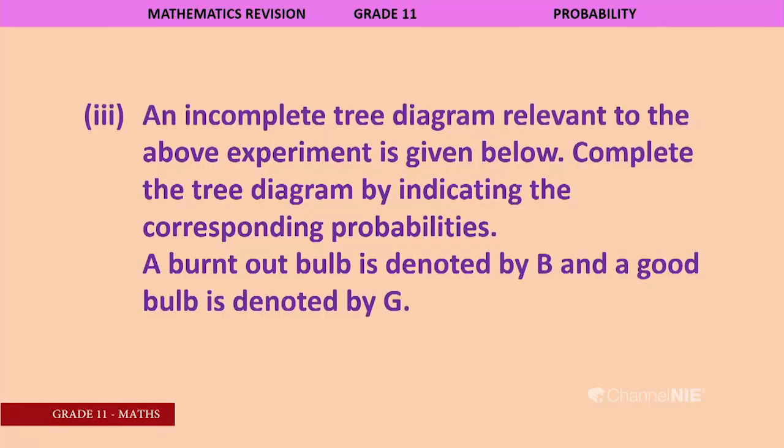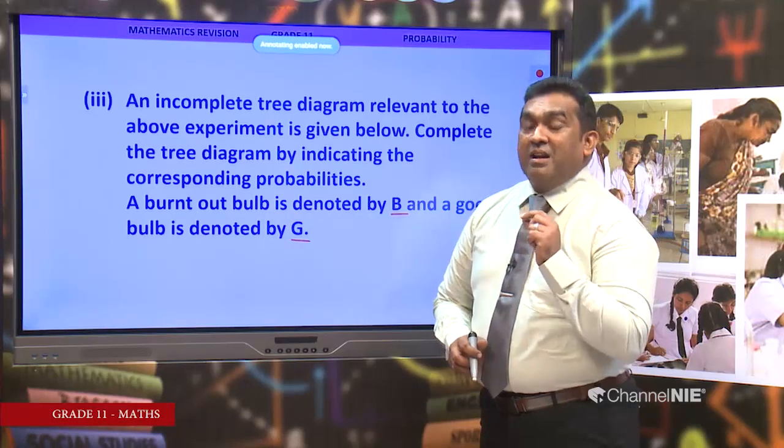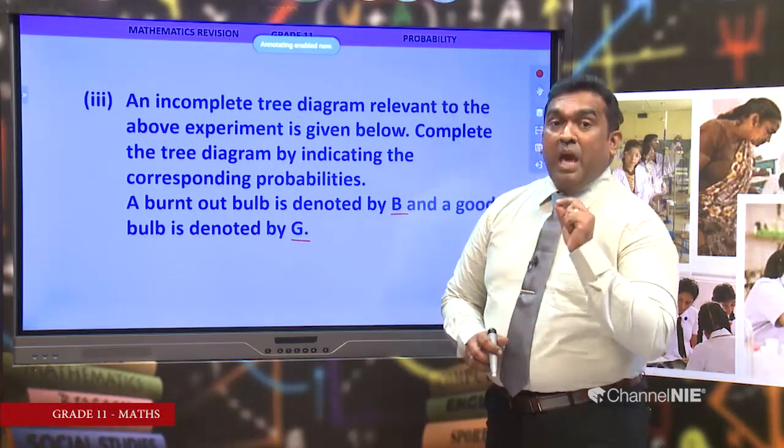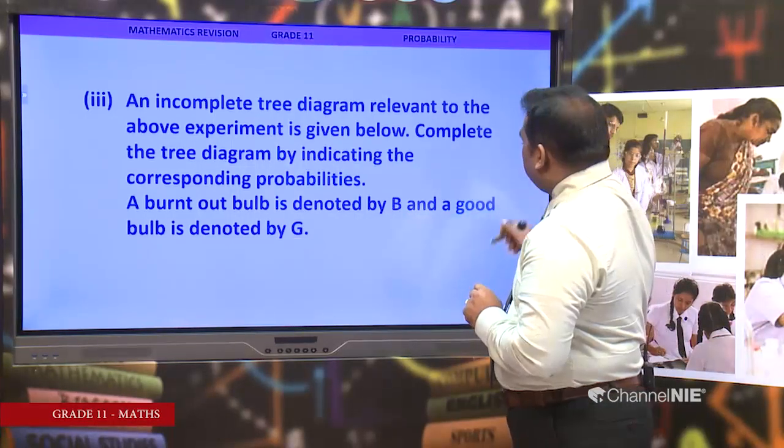Now, an incomplete tree diagram relevant to the above experiment is given below. Complete the tree diagram by indicating the corresponding probabilities. A burnt out bulb is denoted by B and a good bulb is denoted by G, right? Events are represented as capital English letters, right?